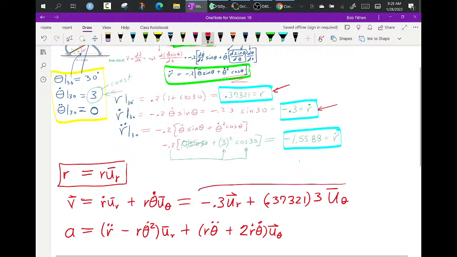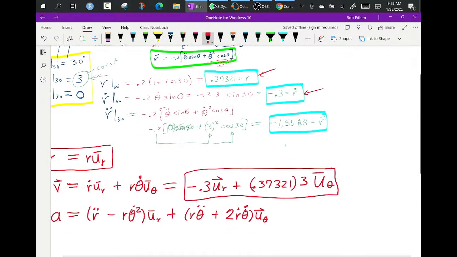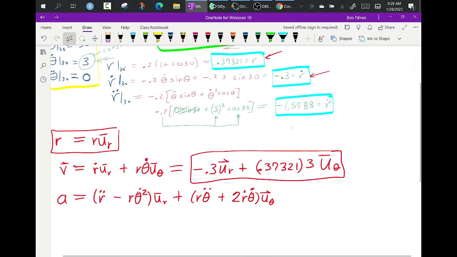I'll figure these numbers out in a minute. And then we'll try to make common sense of them. And then maybe I'll write under here.